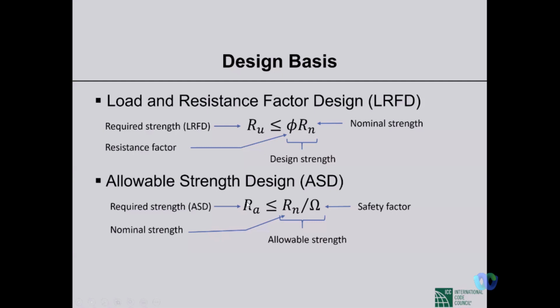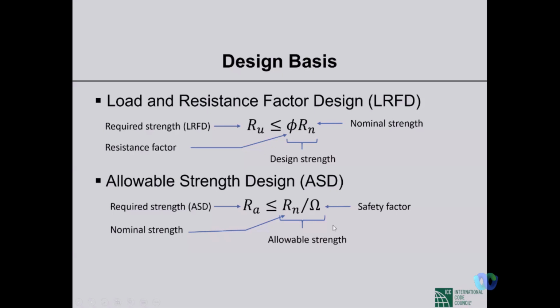That is, RA is the required strength for allowable strength design. Now, for RA, we follow the service level loads. We don't increase the load with an overload factor. So you can assume omega as a combination, safety factor as a combination of overload factor and safety factor, something like that.